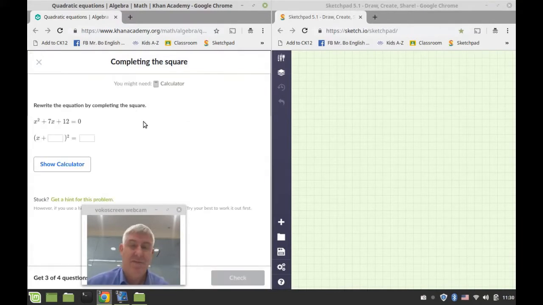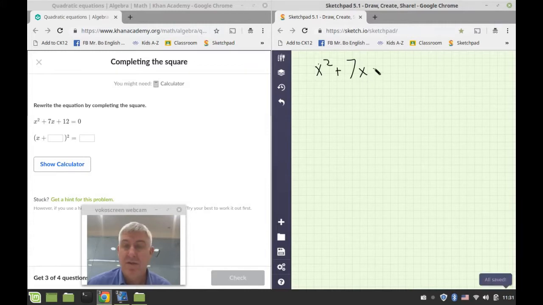All right, so let's look at our first problem. It says rewrite the equation by completing the square. So x squared plus 7x plus 12 is equal to 0.